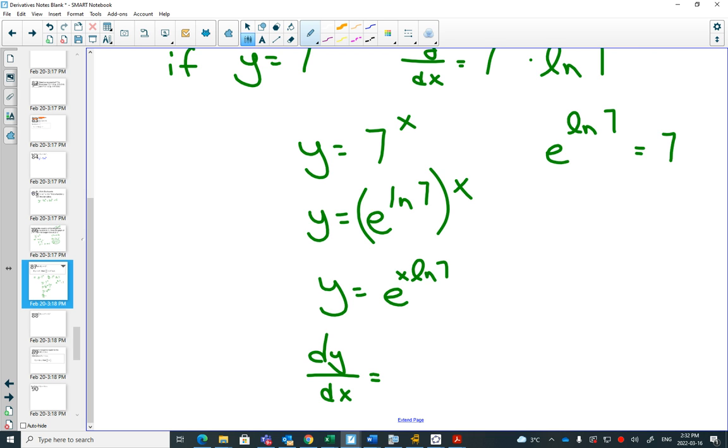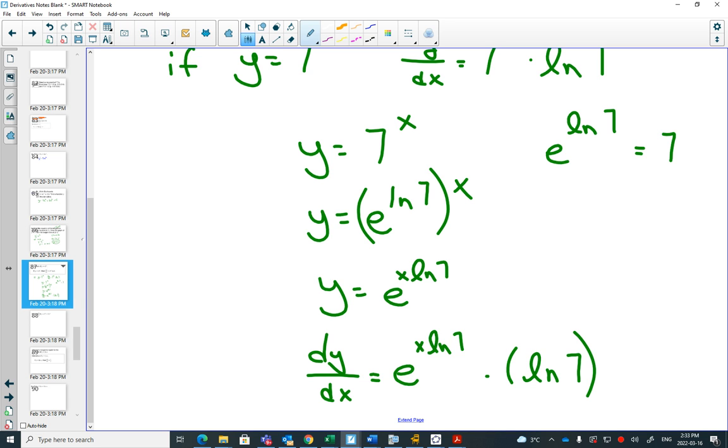My outside function is e to the x. I do the derivative of that by keeping it the same, I keep my inside the same, multiplied by the derivative of the inside. My inside function is just something times x, which is just natural log of 7.